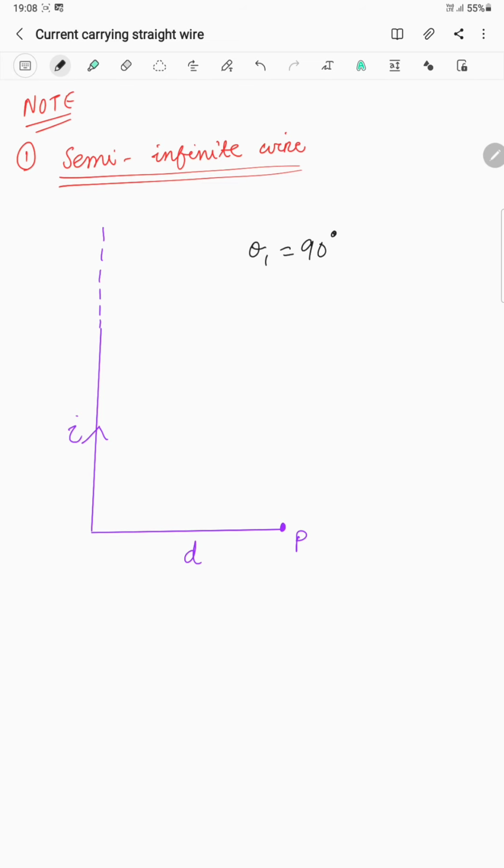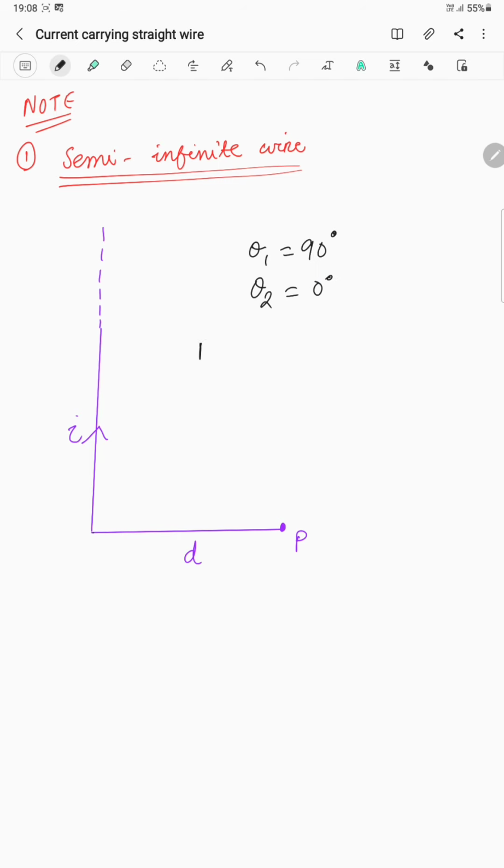The one which will be infinite will be 90 degree. Now theta 2, from here I have to start the theta 2. Now previously the angle was in this form, this one was theta 2. Now this theta 2 has been reduced and it is like this only. So what is the angle? 0 degree. So you can say that theta 2 will be 0 in this particular case. So theta 2 is equal to 0 degree. So let me put the values.